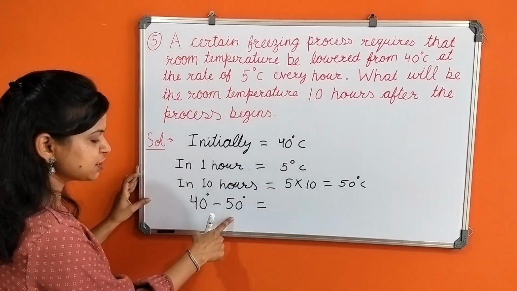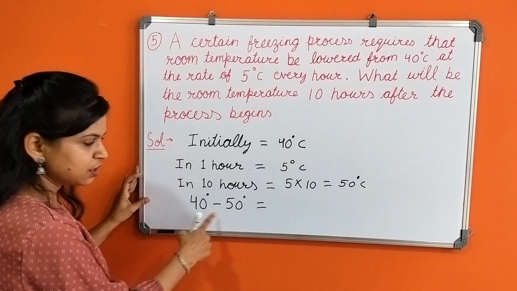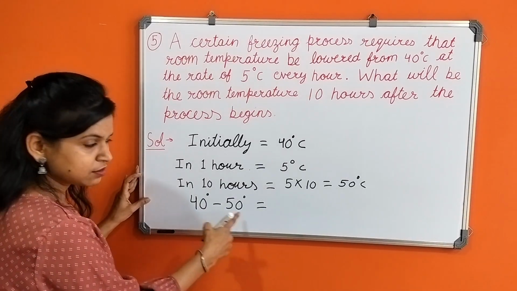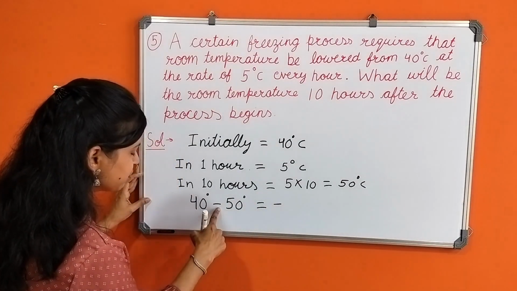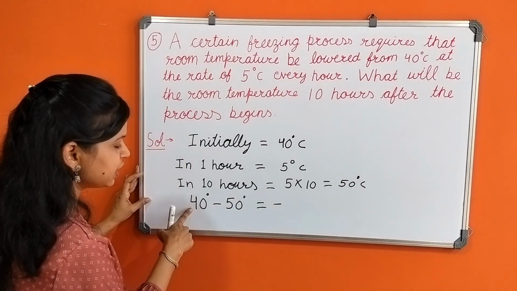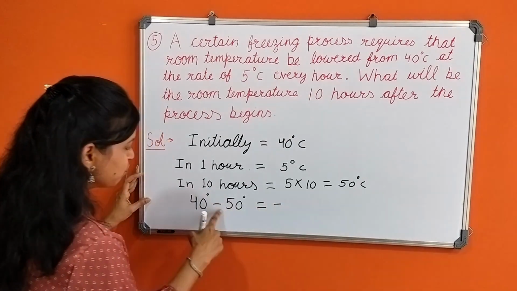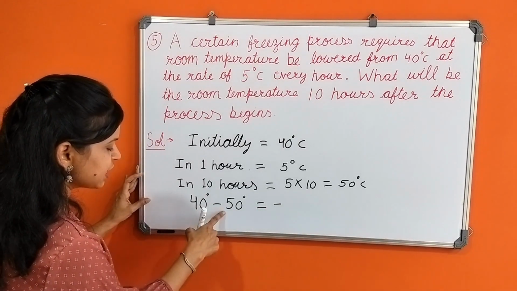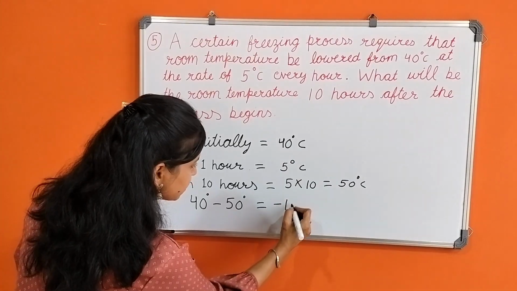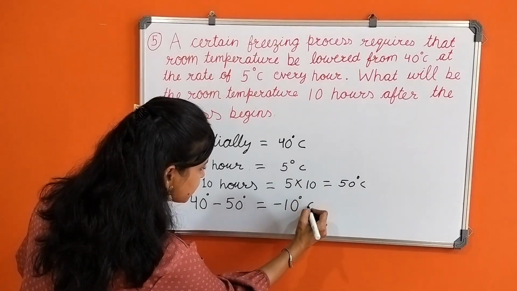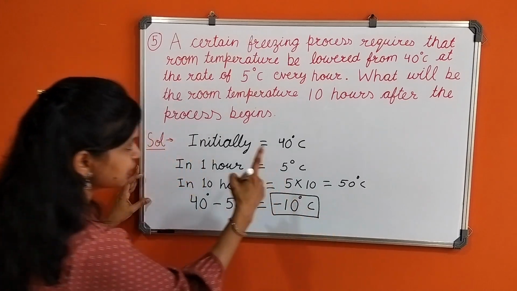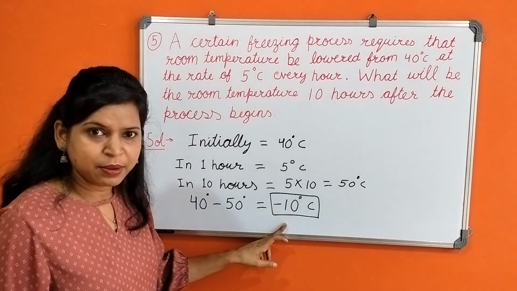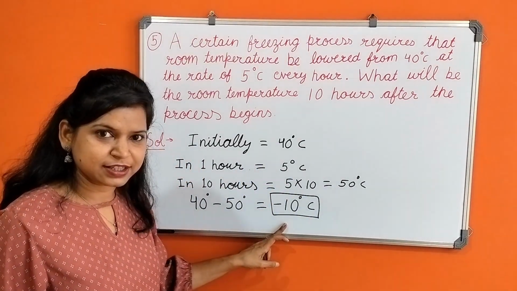So 40 minus 50. 50 is negative. So the answer is negative because 50 is bigger than 40 and both have different signs. So we will subtract. Minus 10 degree centigrade. So after 10 hours, the temperature is minus 10 degree centigrade.